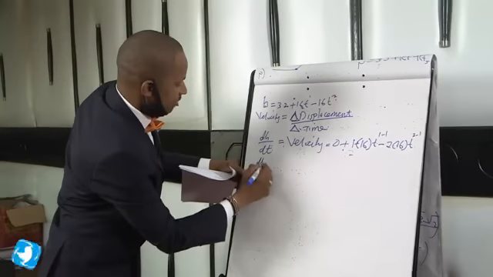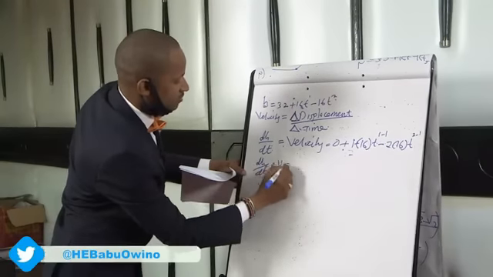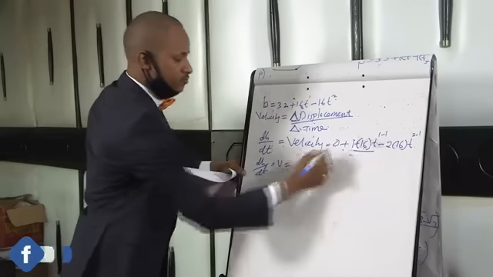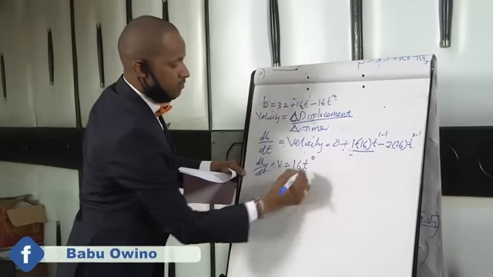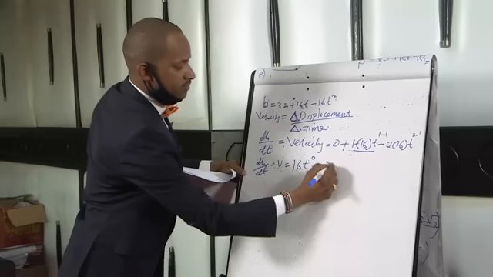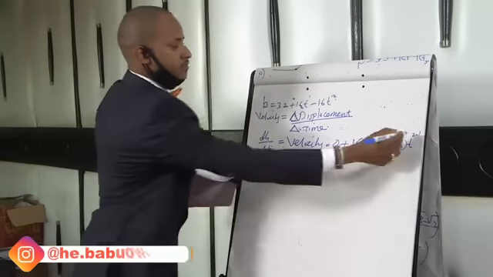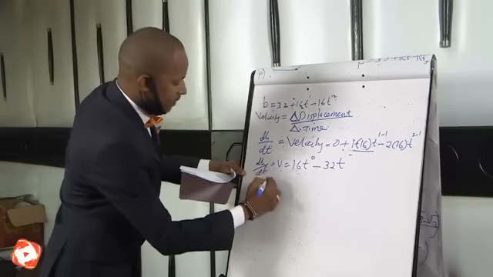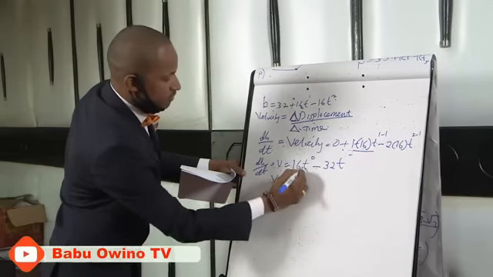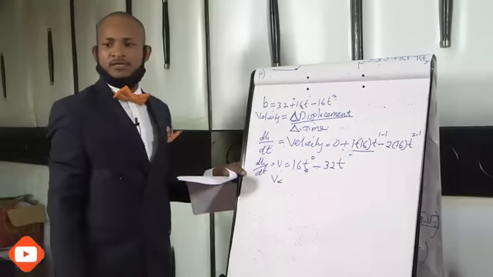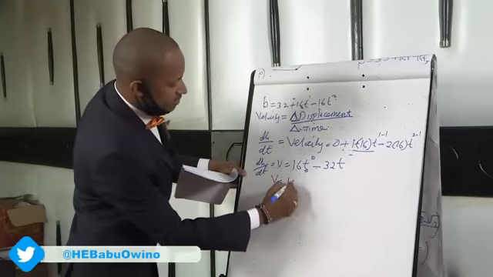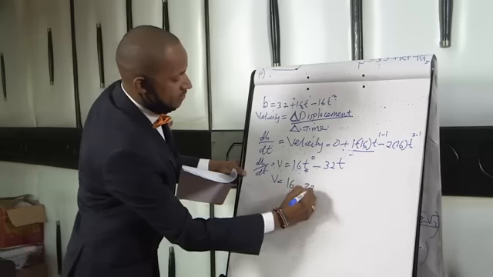Now dh/dt, which is our velocity, equals 16t raised to power 0 minus 32t raised to power 1, which is still the same as 32t. Any number or letter raised to power 0 is 1. Therefore, velocity is 16 minus 32t.